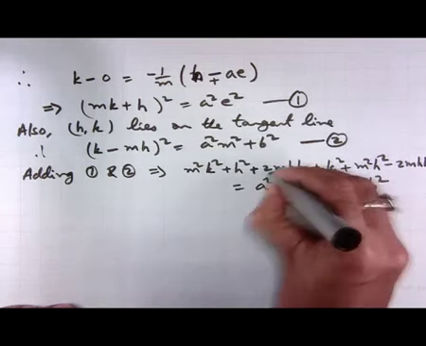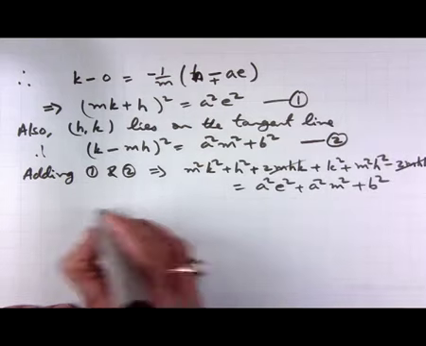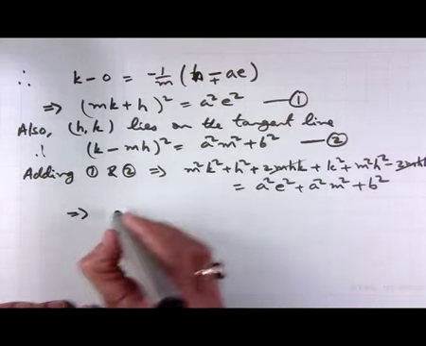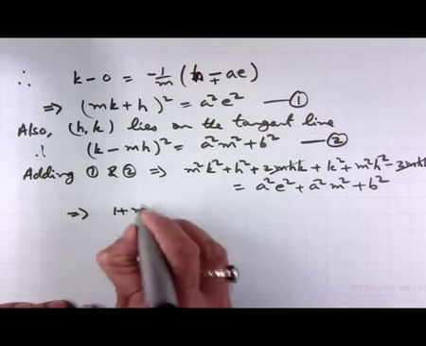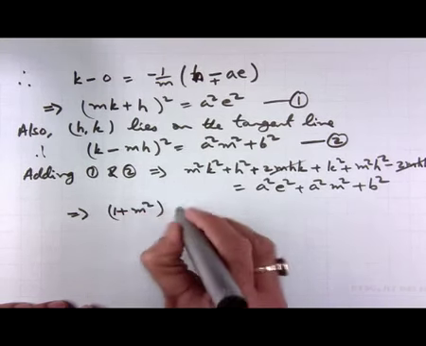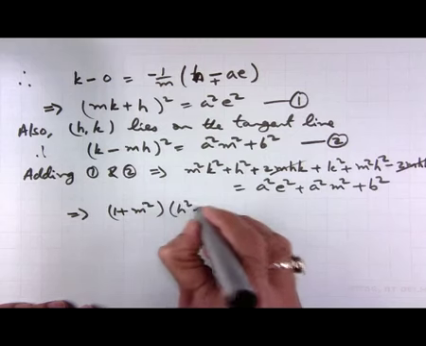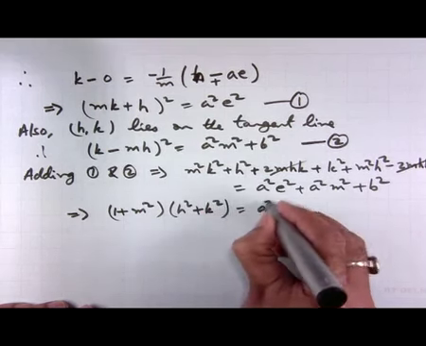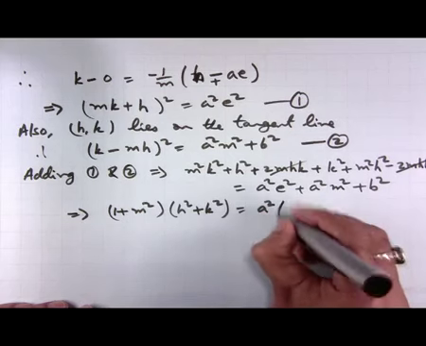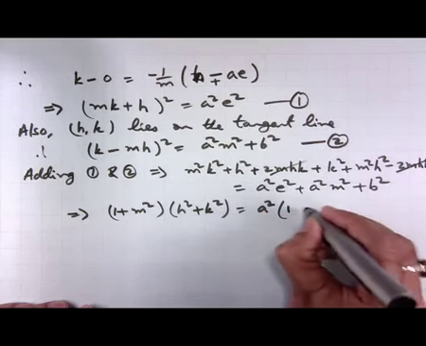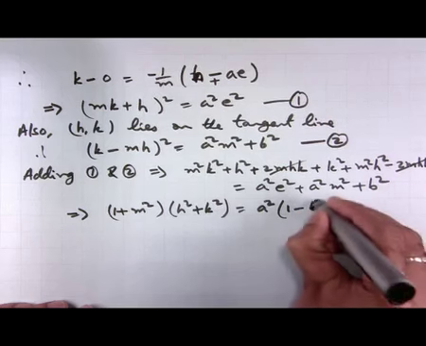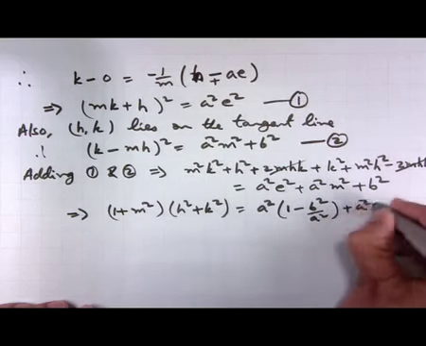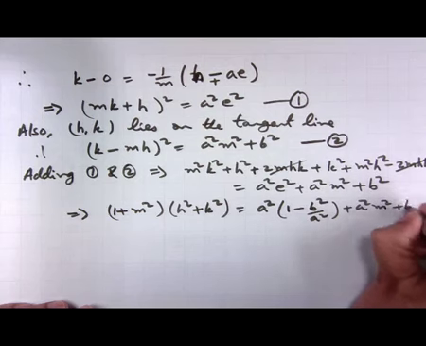So, we see that this cancels here, and 1 plus m square is common, and we get h square plus k square equal to a square e square plus a square m square plus b square. What is e square? E square is 1 minus b square by a square.